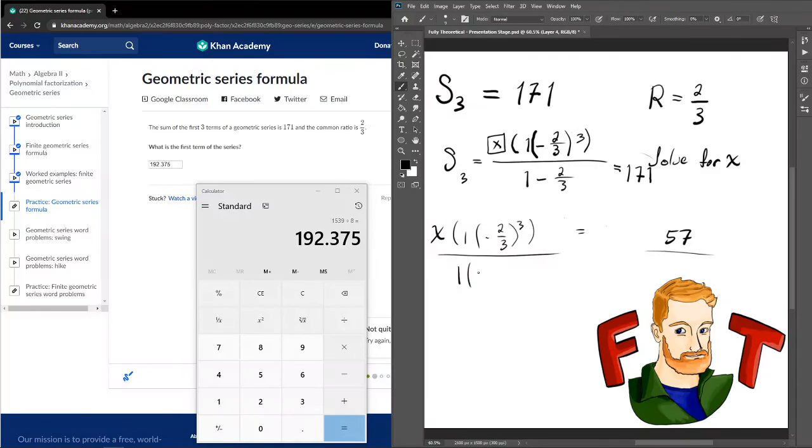So 1 times negative 2 over 3 cubed equals x. That equals fancy x, a very nice fancy x.